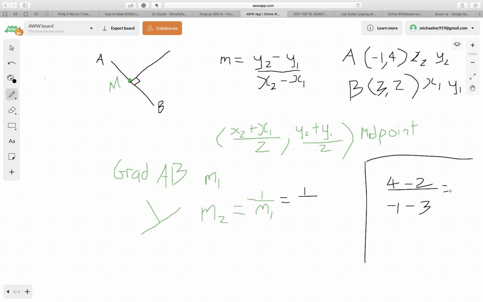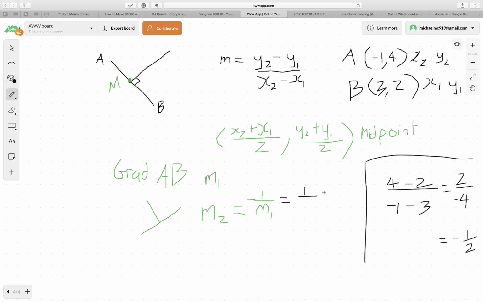Okay, so now we have 2 over negative 1 minus 3, which is negative 4. Right, so we have negative 1 over 2. Okay, great. So the gradient of AB is negative a half, or negative 0.5 if you will.